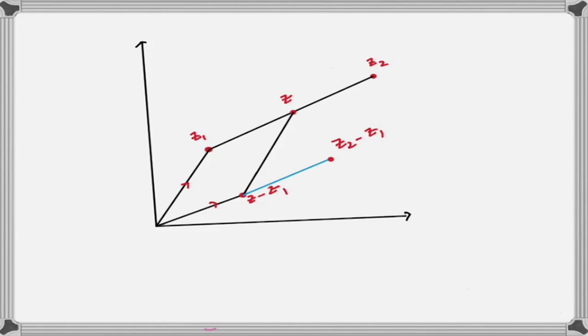Therefore, the principal argument of the complex number z minus z1 is the same as the principal argument of the complex number z2 minus z1.